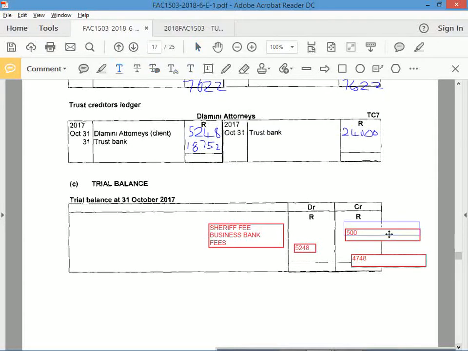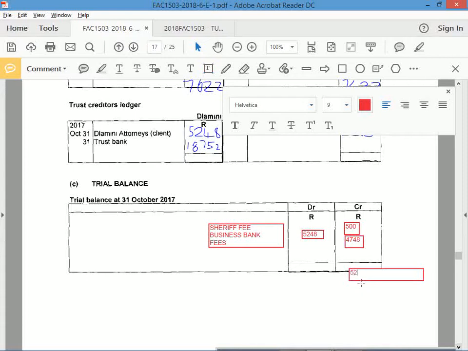Right, so yeah, that one goes there, that one goes there, and that one goes there. Alright, and then the final total, what did we say it was? Okay, 5248 for both.